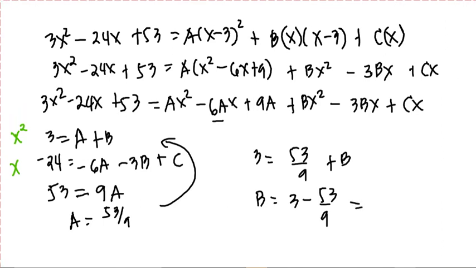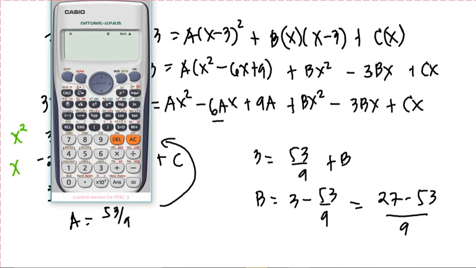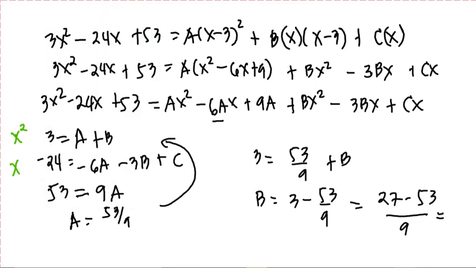So this is equal to, so 27 minus 53 all over 9. So this is equal to negative 26 all over 9. So negative 26 all over 9.